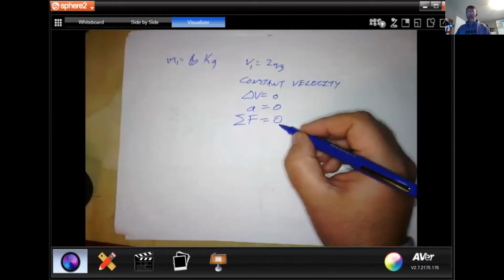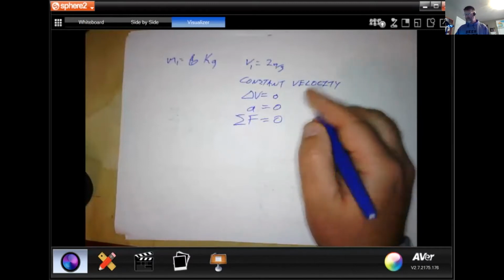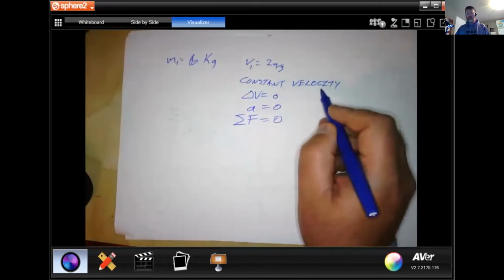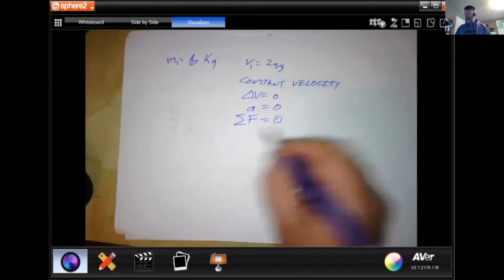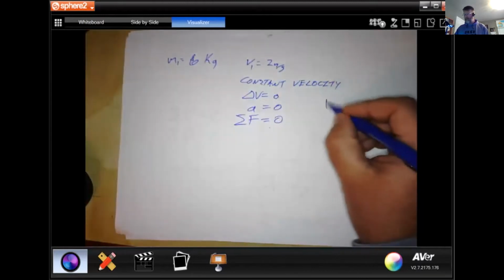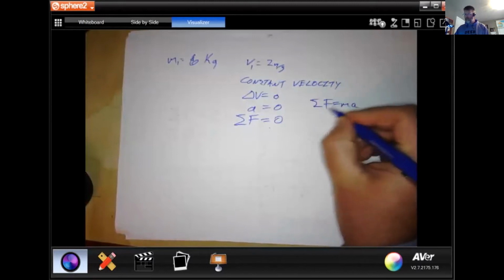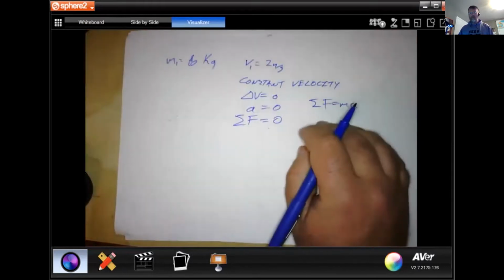So force is not required to keep an object in motion. In fact, an object in motion remains in motion in a straight line unless acted upon by an outside force. So we don't have to do any math. We don't have to go on to Newton's second law whatsoever because we know this is 0. Okay, so that was number 1.